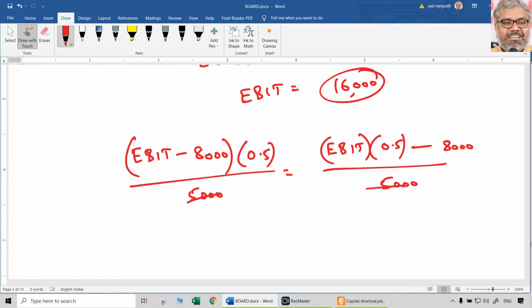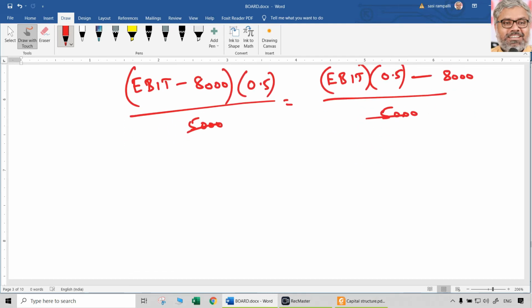These two will go. Now what it comes out to be is 0.5 EBIT minus 4,000 is equal to 0.5 EBIT minus 8,000.